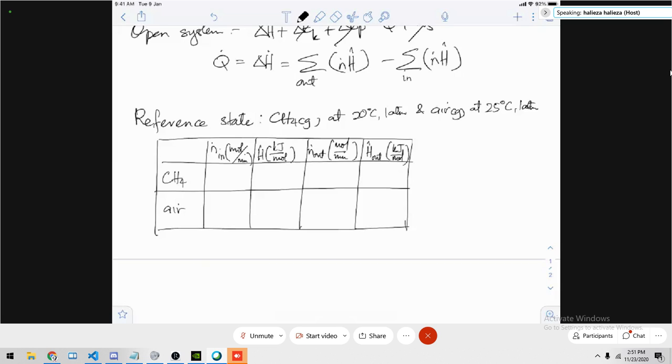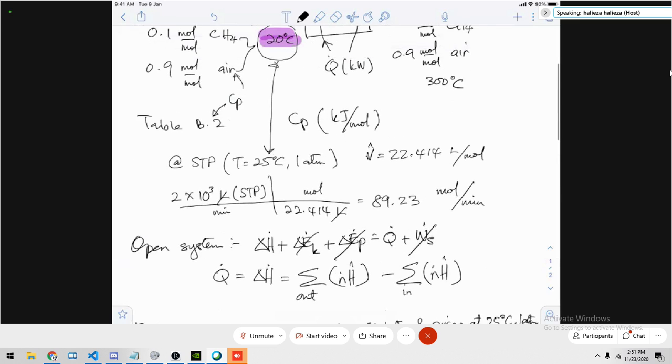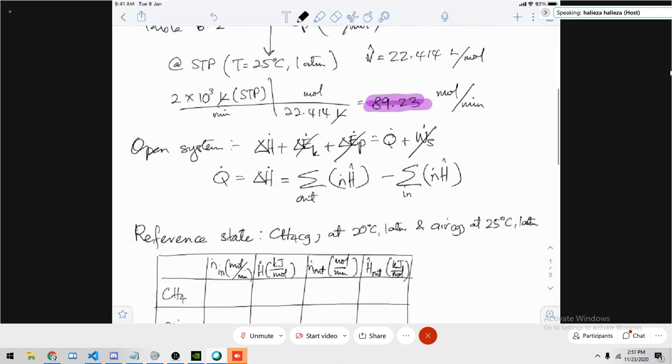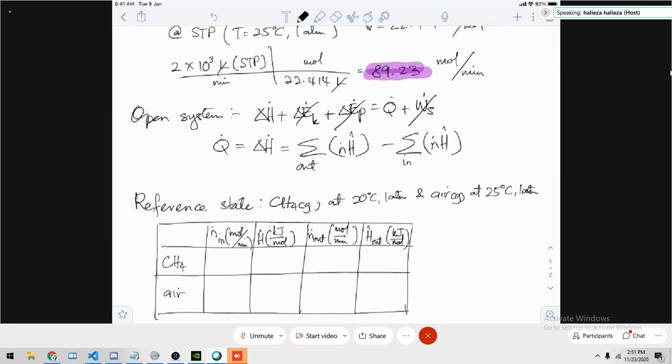Done. So we just obtained the total flow rate, which is 89.23. You need to multiply it with the mole fraction of the methane and the A, just like what we did in the previous example. 0.1 times the total flow rate 89.23, and 0.9 times 89.23.